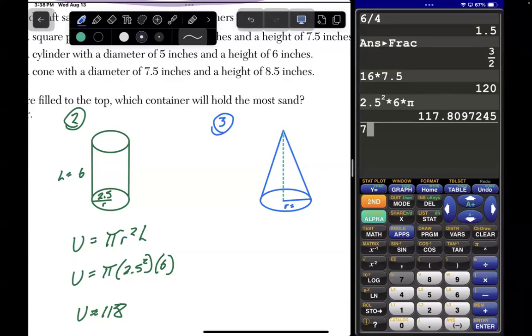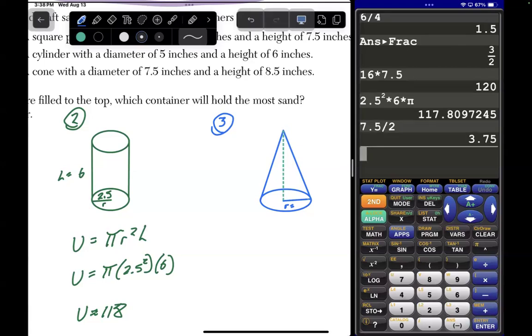That's 3.75. So it is 3.75. So R is 3.75. And the height is 8.5.